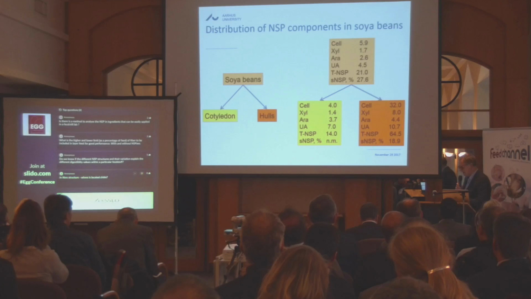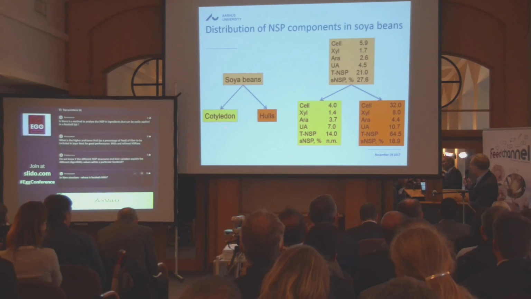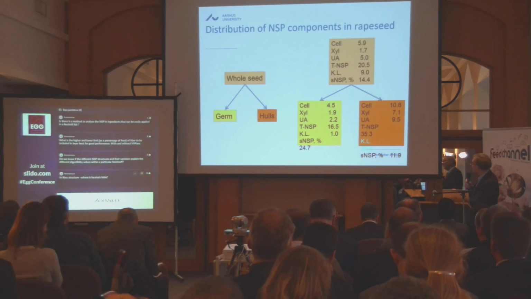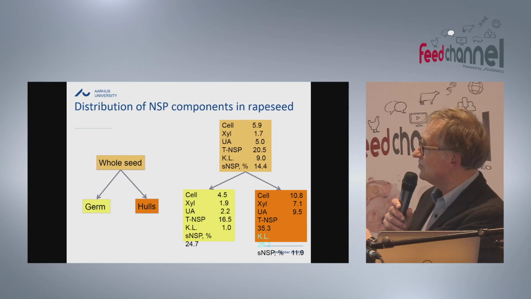But again, looking at the relative composition of the cotyledon relative to the hull, you'll see that there are also significant differences in the composition of the cell walls. And the same is true when you come to rapeseeds.